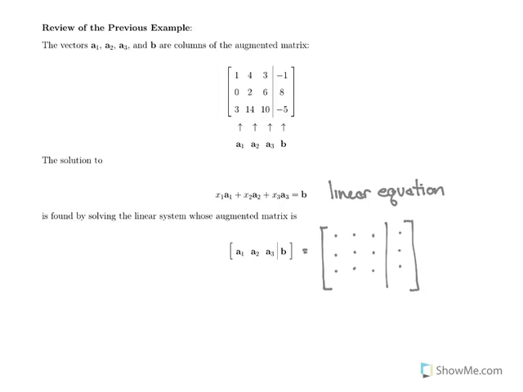So everything we learned in 1.1 and 1.2 is now important as we're solving a linear system, asking the question: is the vector a linear combination of other vectors?